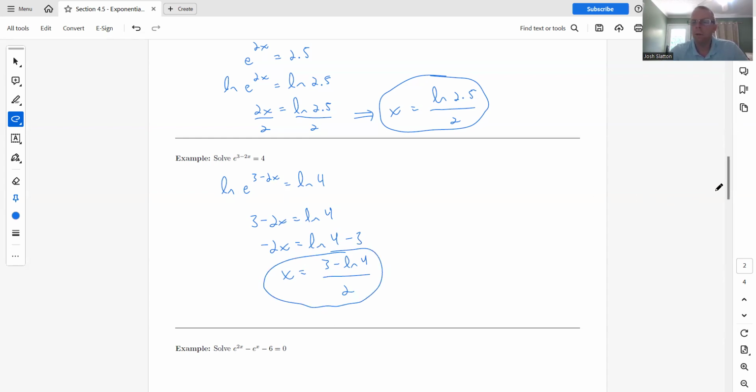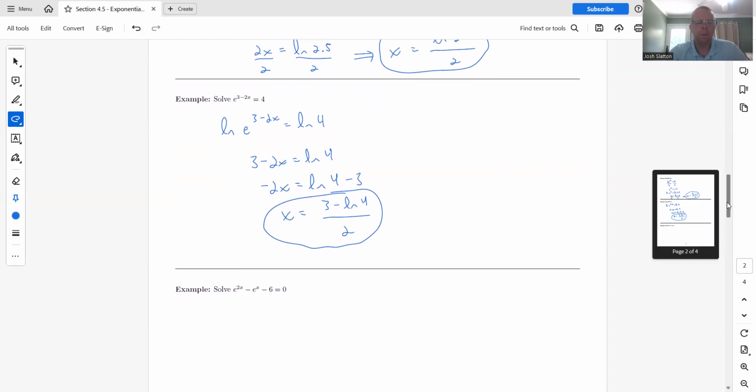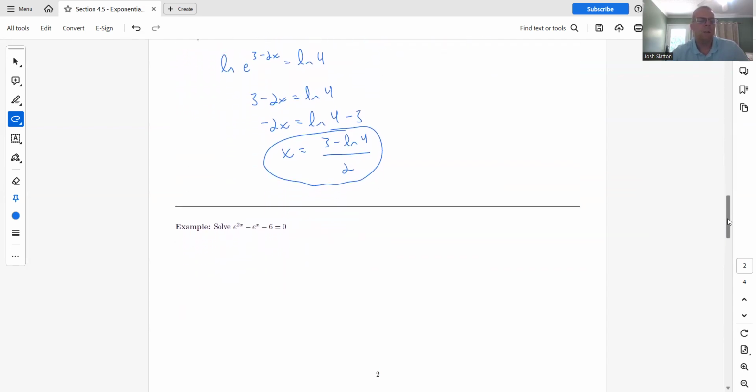All right, now this next one is a little bit different. This is basically set up like a quadratic equation, except we don't have x, we have e to the x. So whenever you notice a 2x and an x, it doesn't really matter what's down here, you can factor this as if it's quadratic, but we're not going to have x here or x here.